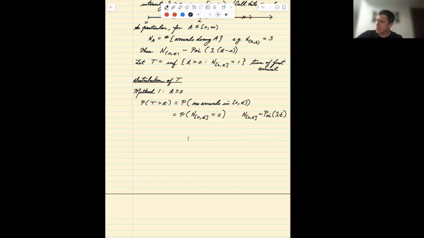The mass function is lambda t to the k, e to the minus lambda t, over k factorial. In this case, k is 0. So lambda t to the 0 is 1, and 0 factorial is 1. So this is e to the minus lambda t.